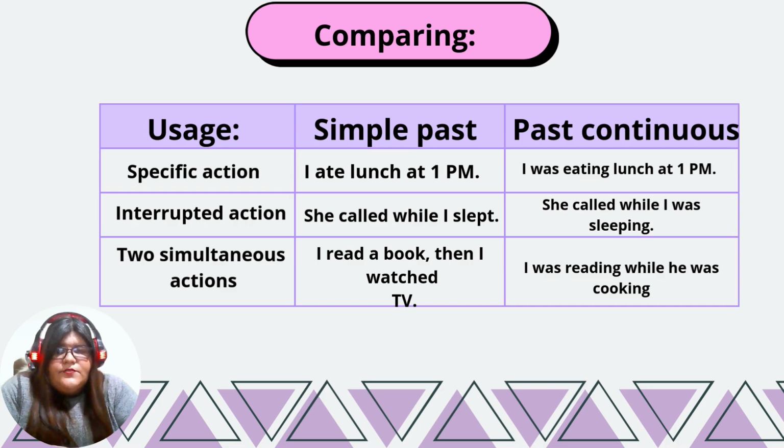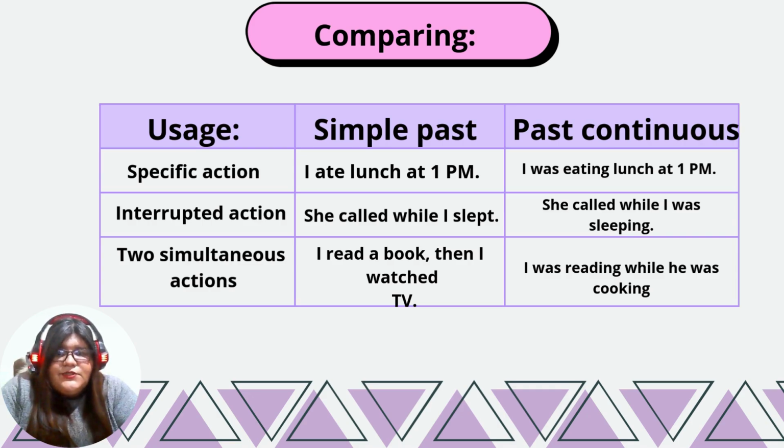Comparing the usage, a specific action in simple past: I ate lunch at 1 p.m. In the past continuous: I was eating lunch at 1 p.m. Then we have interrupted action. She called while I slept.